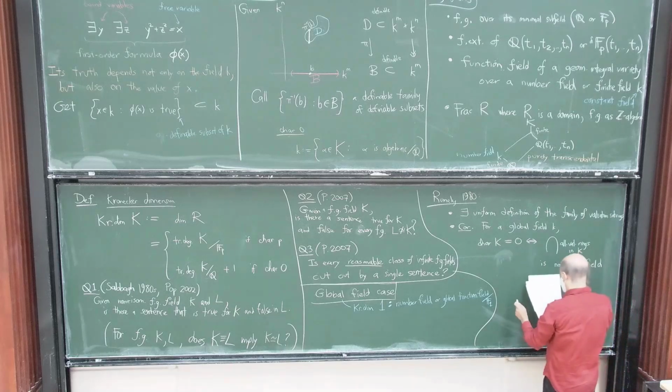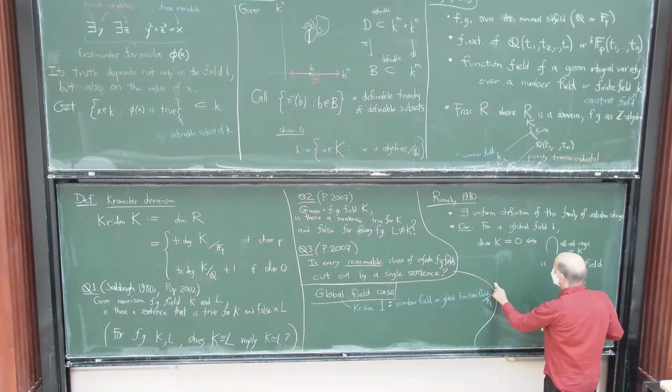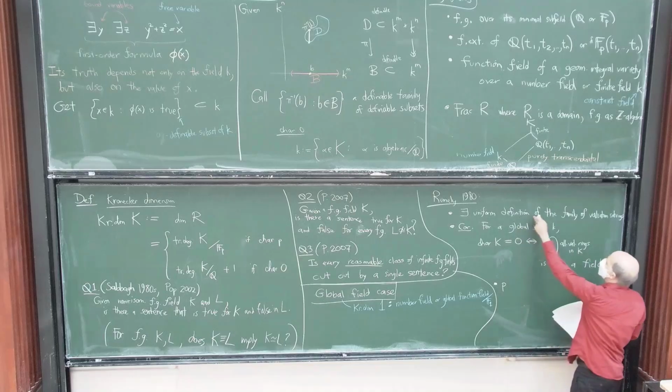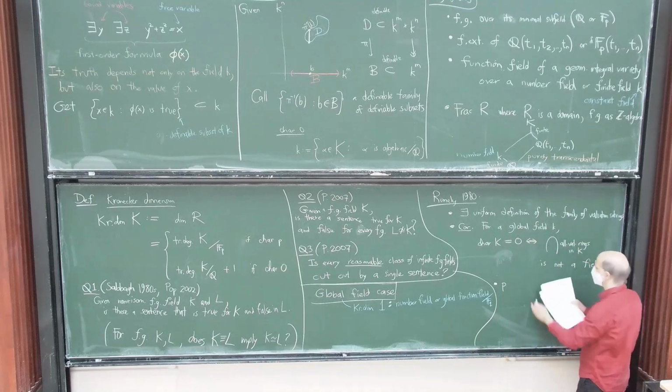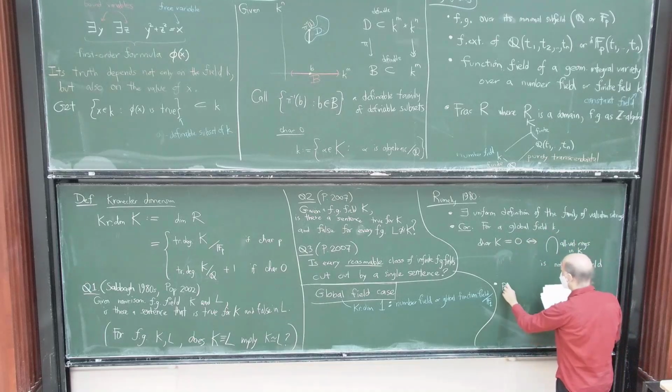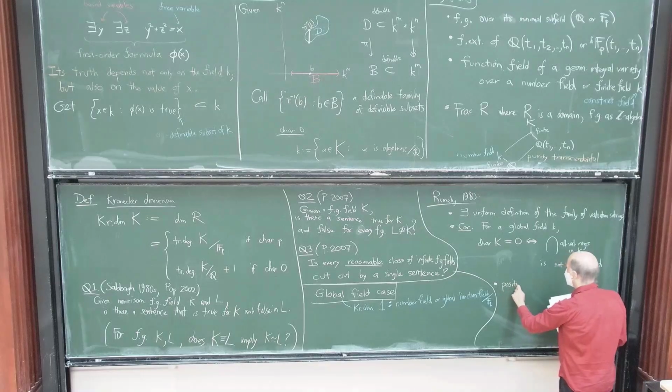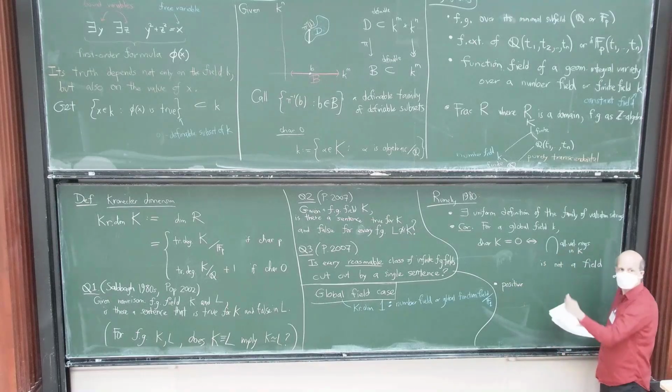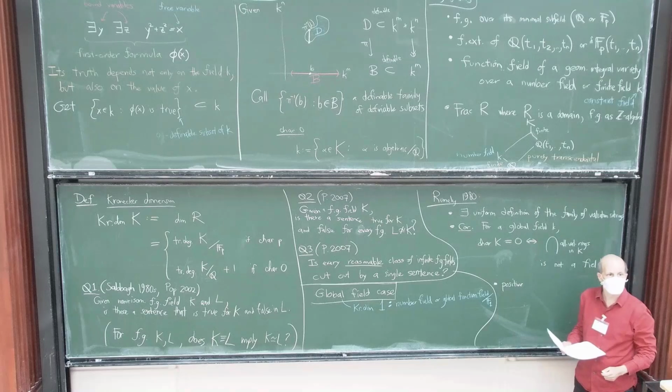All right, good. Also, once you have this family of valuation rings, building on that, you can define the ring. How do you quantify over valuation rings in a first order way?